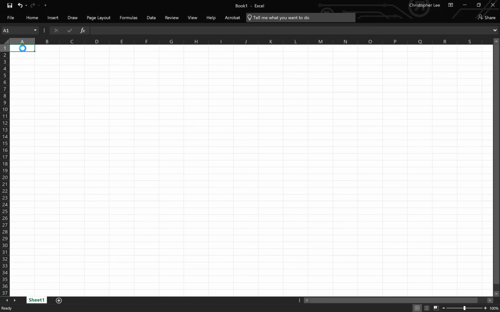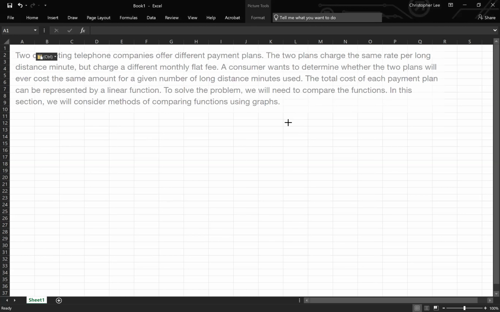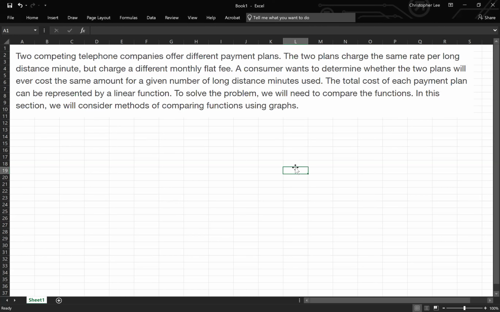First, let's start with a little bit of a story. Two competing telephone companies offer different payment plans. The two plans charge the same rate per long distance minute, but a different monthly flat fee.